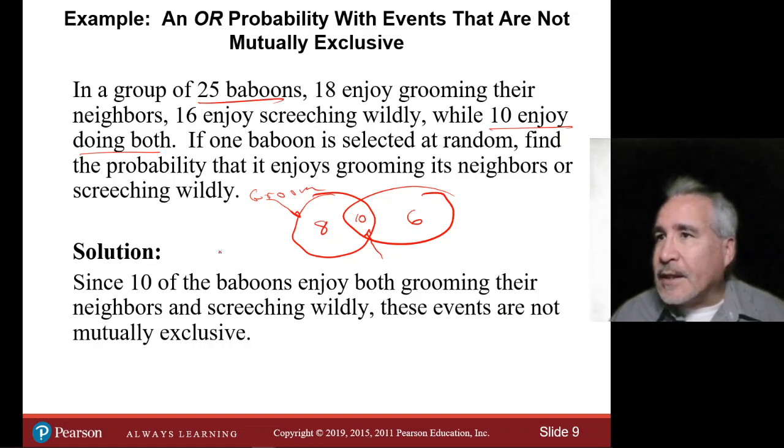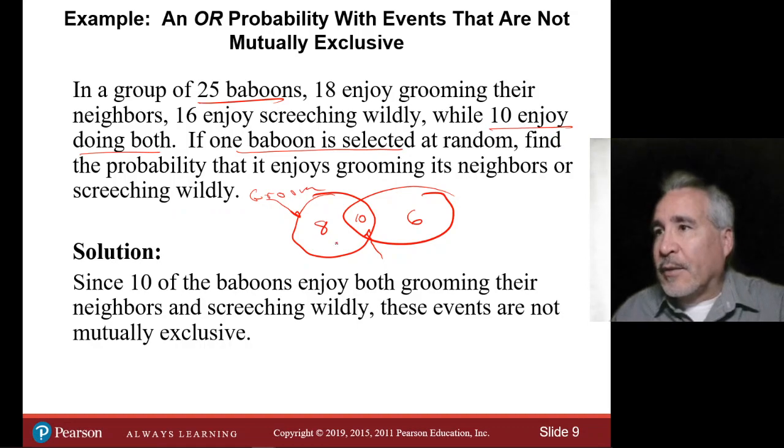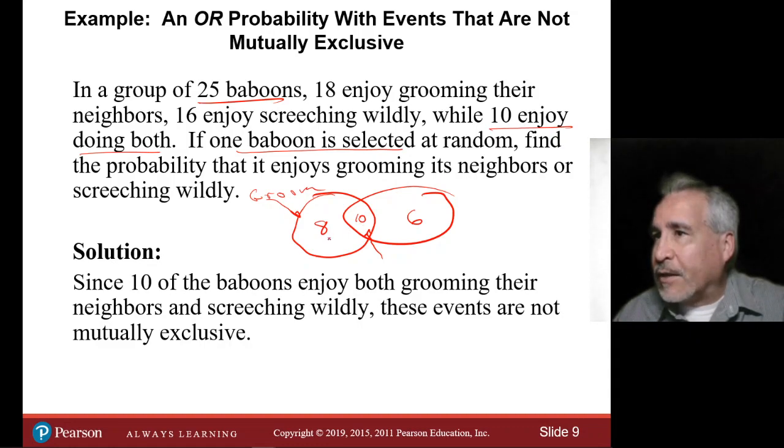So let's find the probability that one baboon selected at random enjoys grooming its neighbors or screeching wildly. Well, in this case, let's see, how many have we counted? We've counted a total of 10.